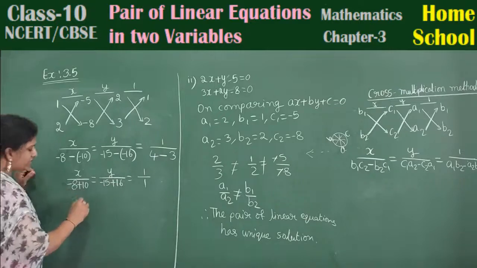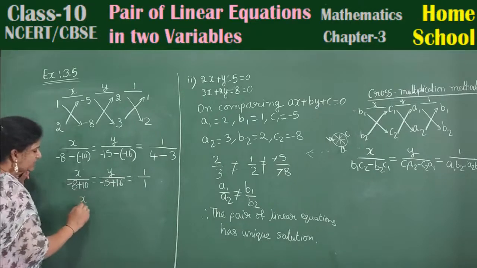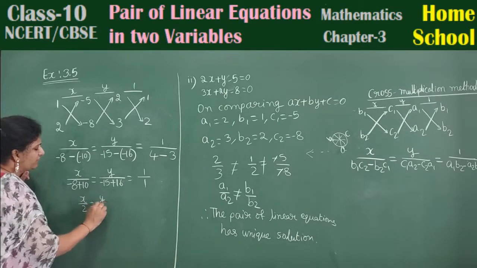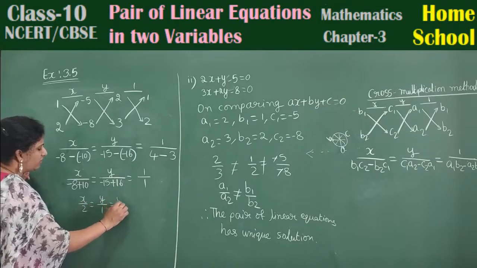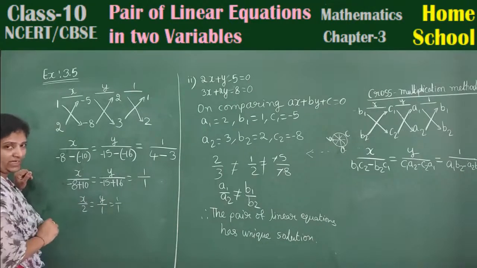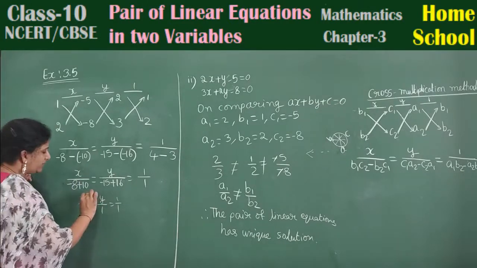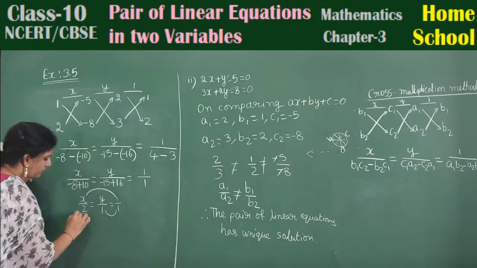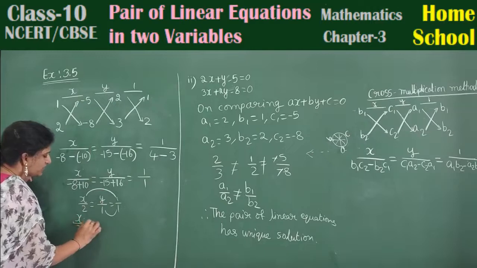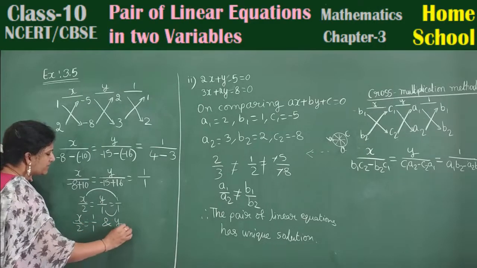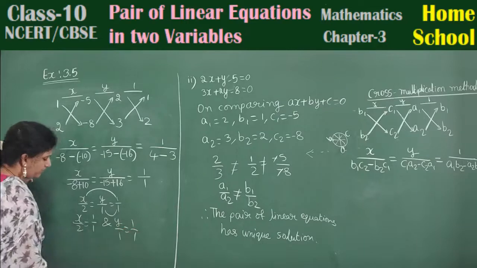Now simplify all this. 10 minus 8 will be 2 and 16 minus 15 will be 1, is equal to 1 by 1. It's time to get the variable value. How do you get it here? Equate these two and also equate these two. X by 2 is equal to 1 by 1 and y by 1 is equal to 1 by 1.